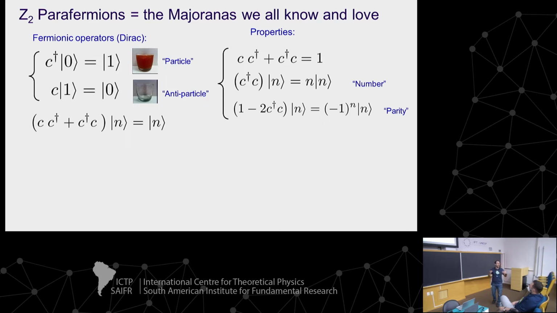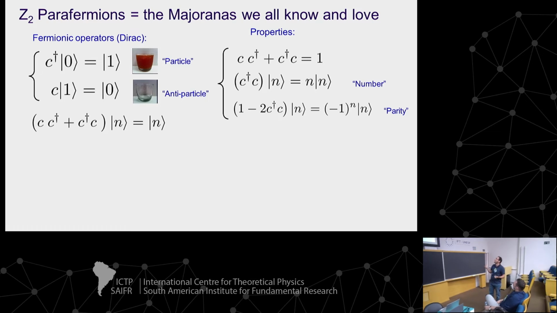And we all know the algebra for these operators. So we have a well-defined number operator, and we also have a well-defined parity operator that has two values, -1 or +1, the way it's defined here. If n equals 0, it's +1. If n equals 1, it's -1. So this is the Z2 parity, if you wish.